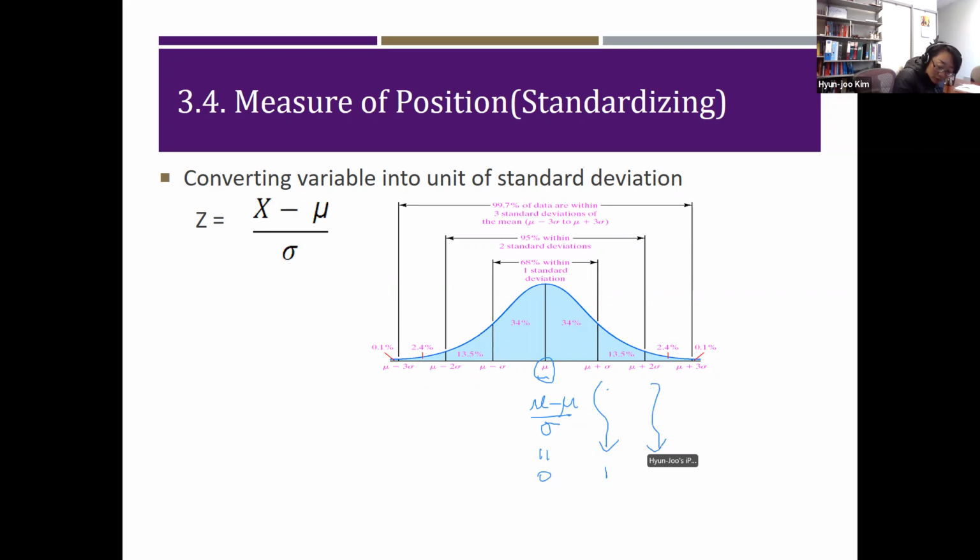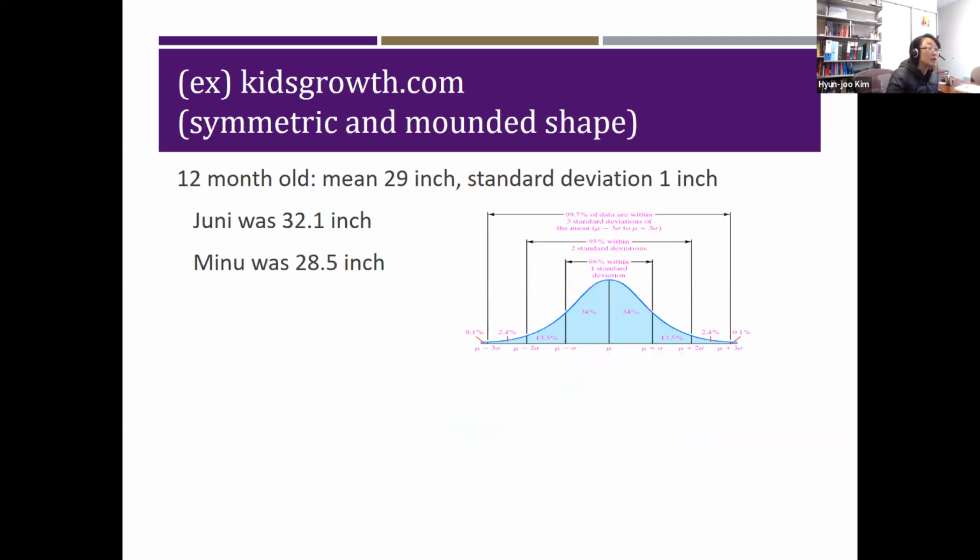This point becomes 2, this point becomes 3, this point becomes -1, this becomes -2, and this becomes -3. So for any value, if you standardize it and change it to the Z score, about 99.7% of the data set will be between -3 and 3. So if you calculate the Z score, it will be a little easier to figure out where your data is located.